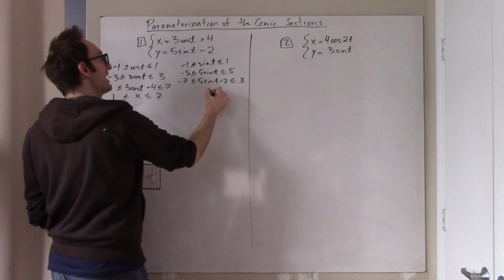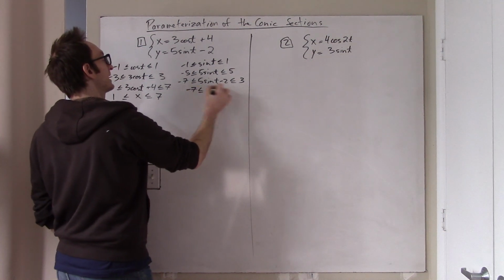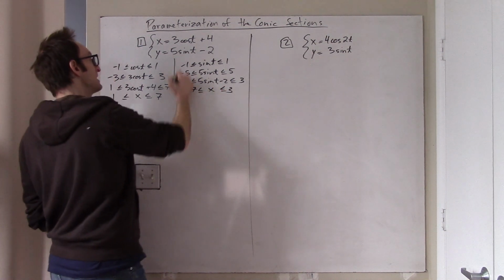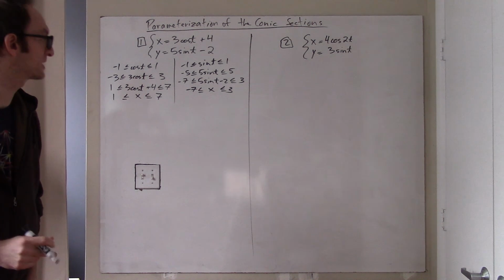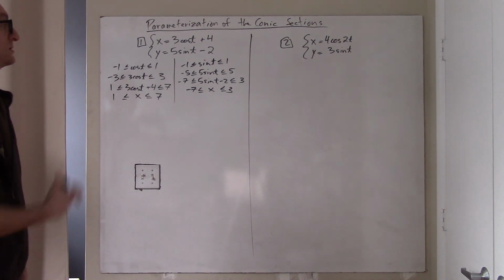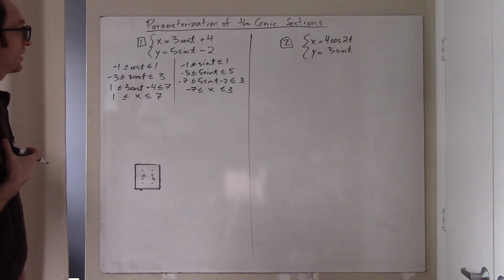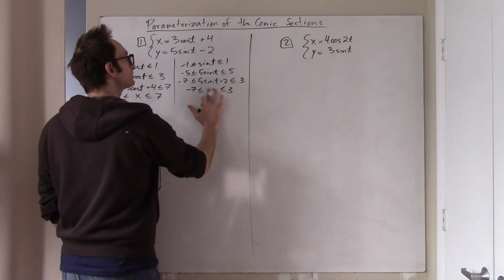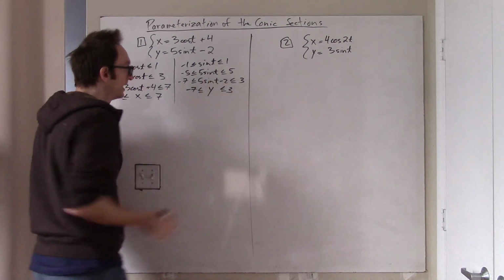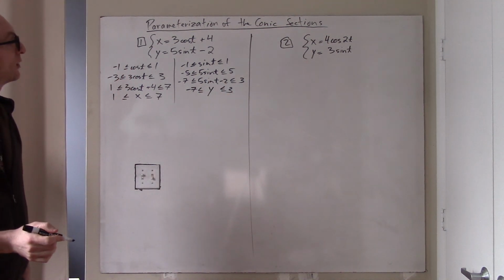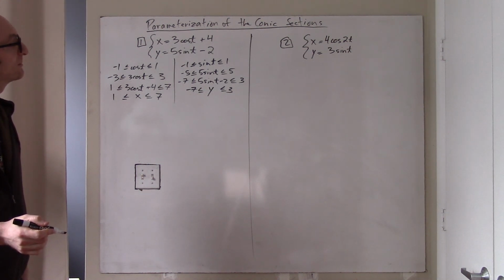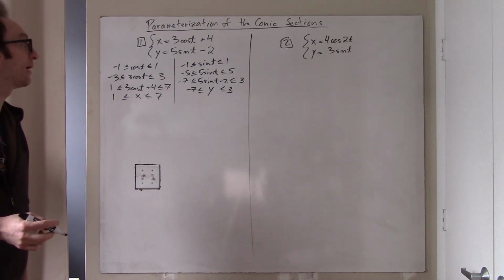That tells me that my y-coordinate is always going to be between -7 and 3. Once again, you don't need to know anything about the conics to do what we've done so far. Okay, sorry, that should say y. Great. Well, what's next? We have to eliminate the parameter somehow.